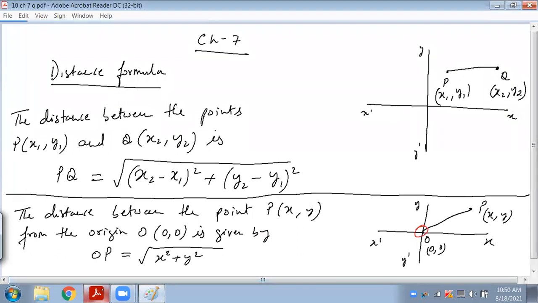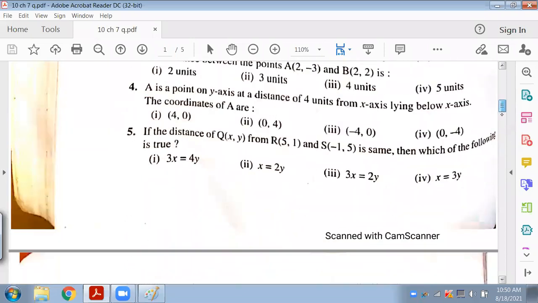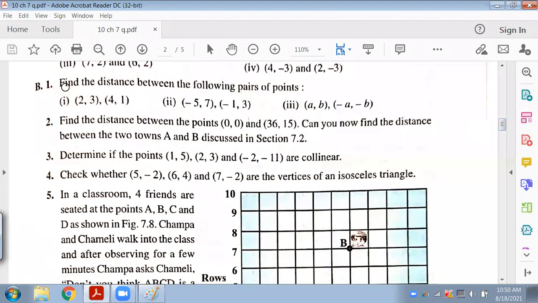Okay, let's move to the question. We'll say exercise 7.1, question number 1. You have to find the distance between the pair of points. So let's take it.